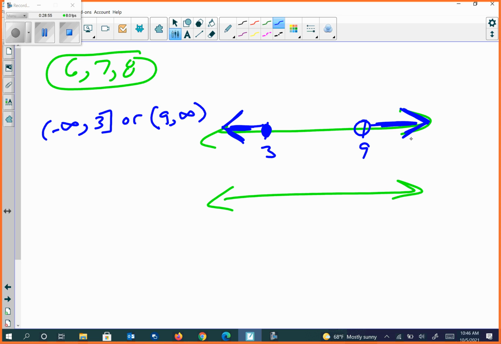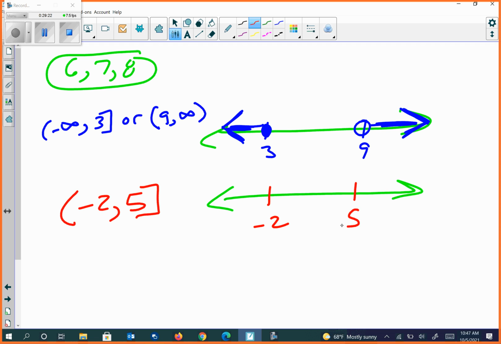Okay, things I'm looking at on that problem. I'm looking for an open dot versus a closed dot. I'm looking to see if you shaded it the right way. How would you do, say, this problem? The -2 and the 5.